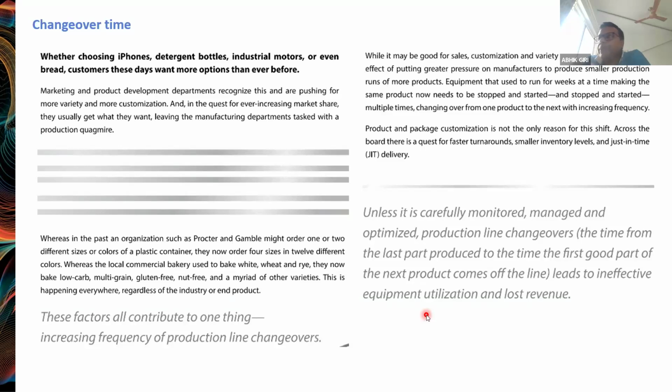And whatever demand you have of cornflakes, let's say if you're talking about Kellogg's cornflakes, that demand is getting spread across all these 50 different combinations of product flavors and sizes. So for these 50 options, the demand for each of these options has reduced, but the number of changeovers has to increase, because you need to produce all 50 of these options every day.